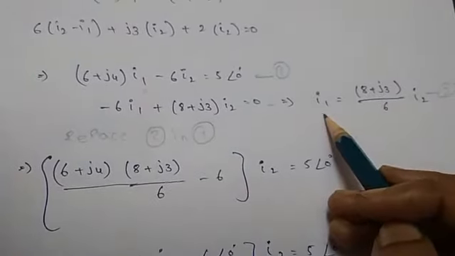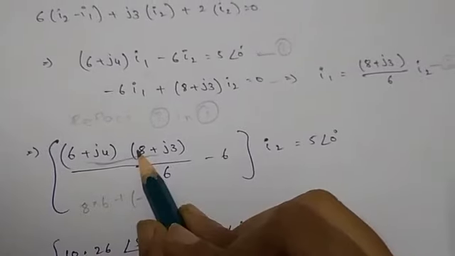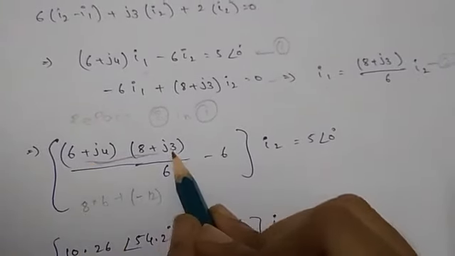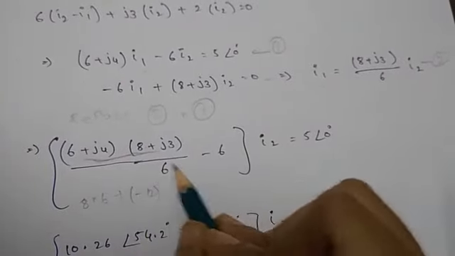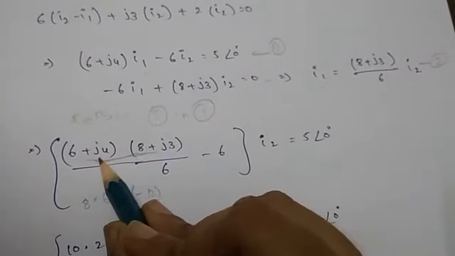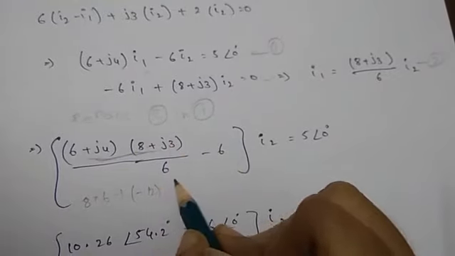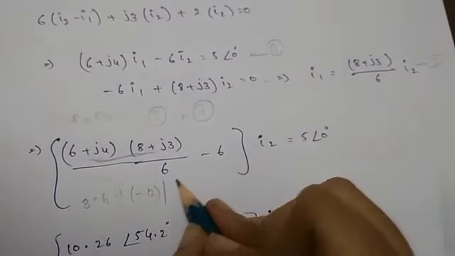this will give you 8 into 6 plus j into j, which will be a negative value of 12. So I am just multiplying this with this. So 6 into 8. Up to here I am getting the real values.